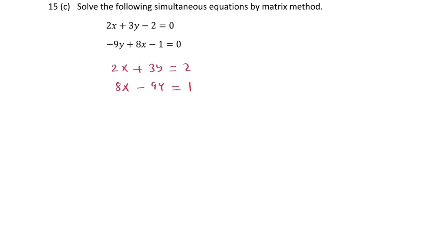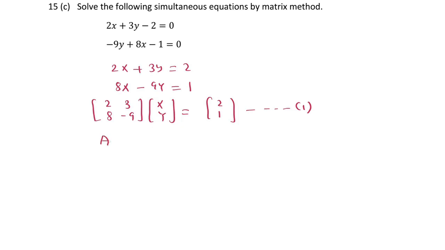Next, let us write these equations in matrix format. We are going to have [2, 8; 3, -9] times [x, y] equals [2, 1]. Let us call this equation number 1.